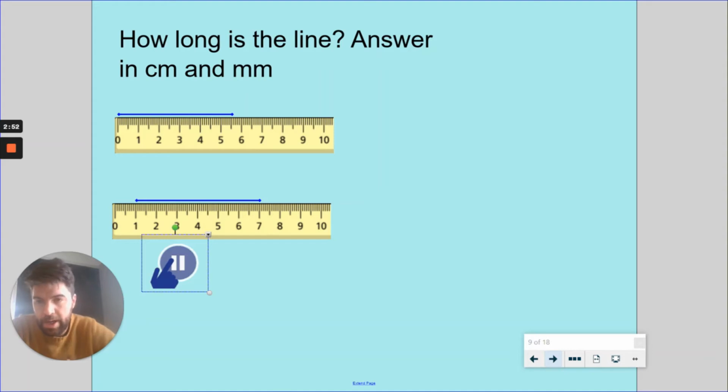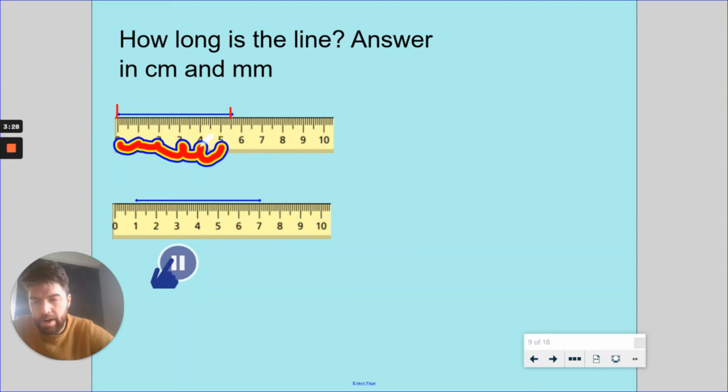We're going to start today by looking at some measurements and finding out how long each of these blue lines is. The first line, along the ruler, starts at 0 and ends between the 5 and the 6. I can count the centimetres: 1, 2, 3, 4, 5 centimetres.